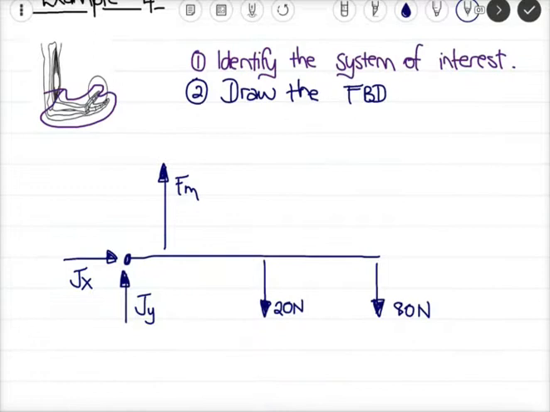So let's just interpret what the question is saying. It tells us that from the joint center to the insertion of the muscle, it's 40 millimeters. Okay. From the center of mass to the joint center, it's 150.